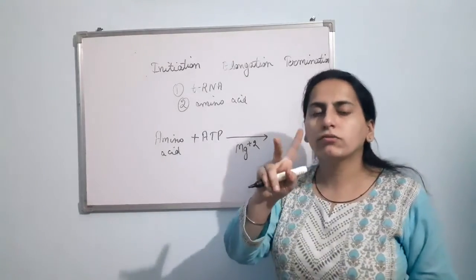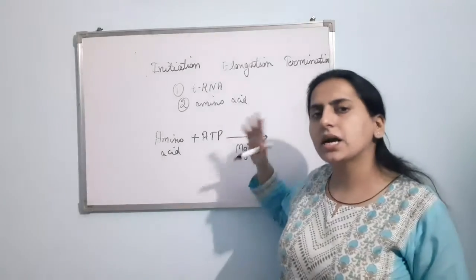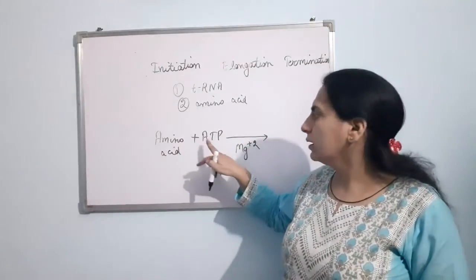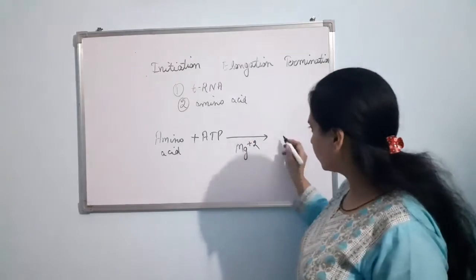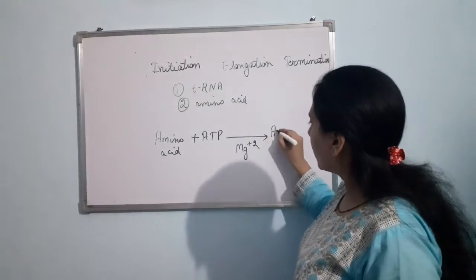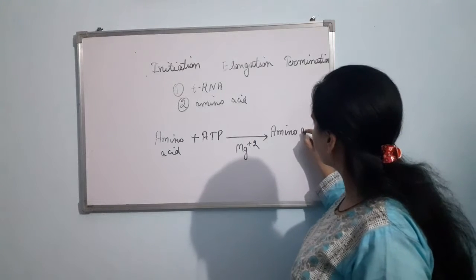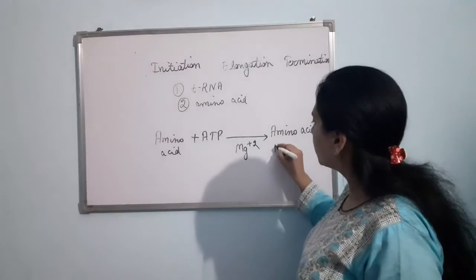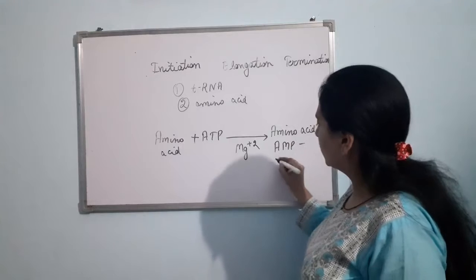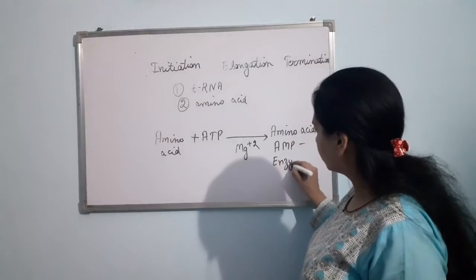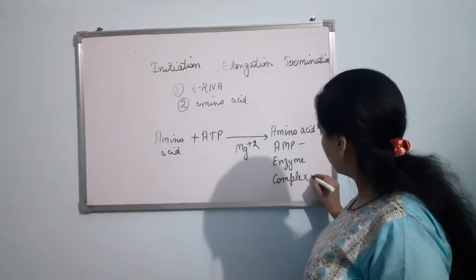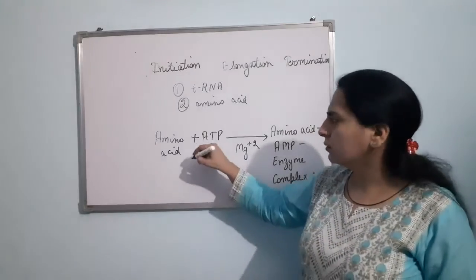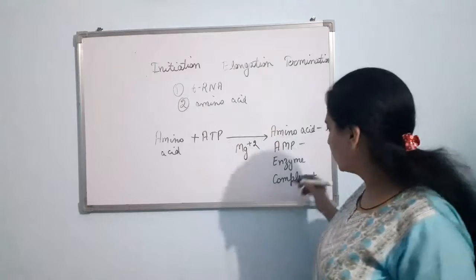Now it results in the formation of amino acid AMP. Okay, 2 pyrophosphate will get released out. Amino acid AMP enzyme complex. Clear? It will form amino acid AMP enzyme complex plus pyrophosphate, which will be released out.